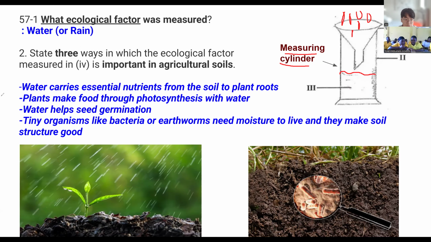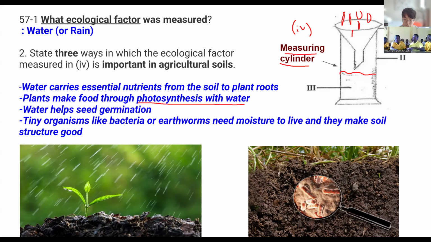Number two asks to state three ways in which the ecological factor measured in this image is important in agricultural soils. And you can answer this question by saying, like, water carries essential nutrients from soil to plant roots. So all of these are benefits of water. Plants make food through photosynthesis with water. This is a very important point.